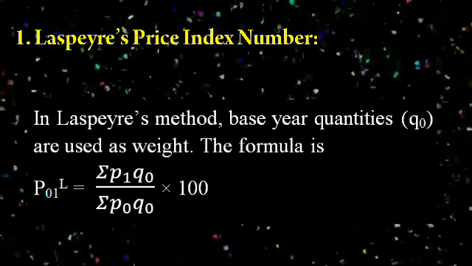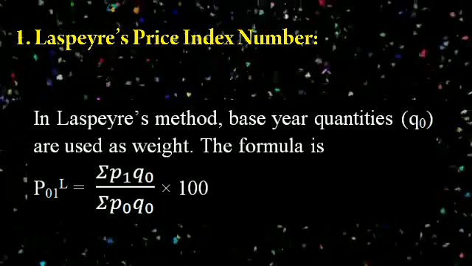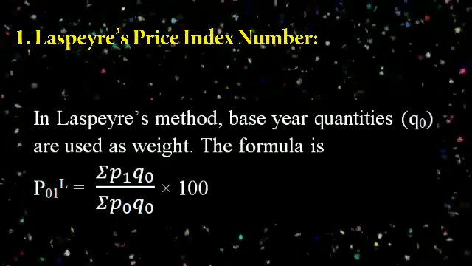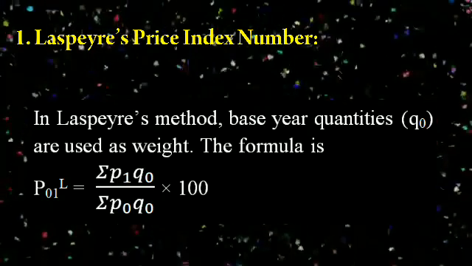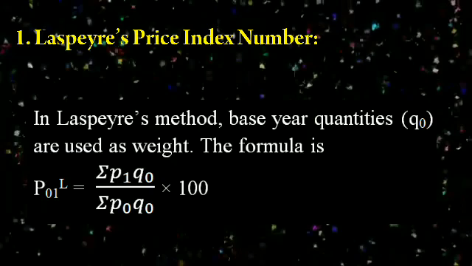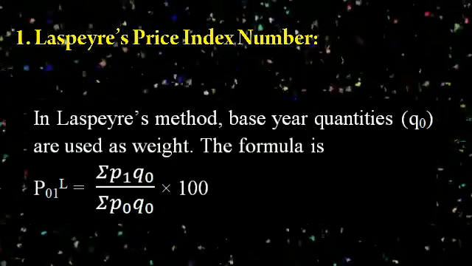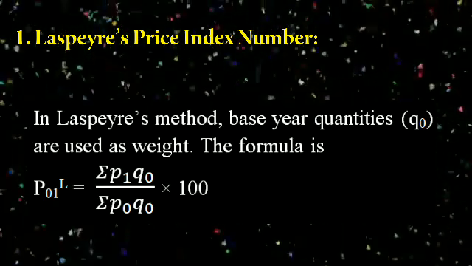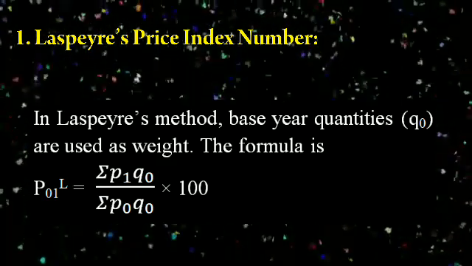In index numbers, all the formulas look alike. So in order to remember the formula, first write sigma, summation, in both the numerator as well as the denominator. After that, since you are computing price values, first you should write the indication for the price value. So the indication for price is P1 and P0, that is the current year and base year price. Always the current year price comes in the numerator and the base year price comes in the denominator.